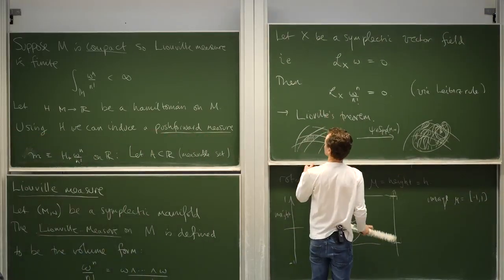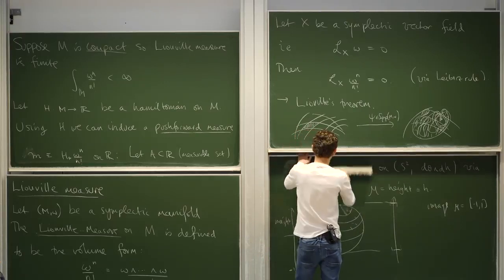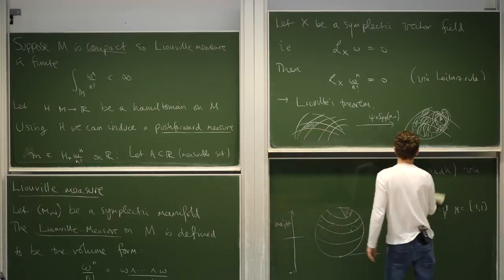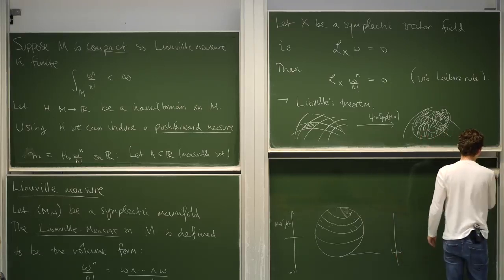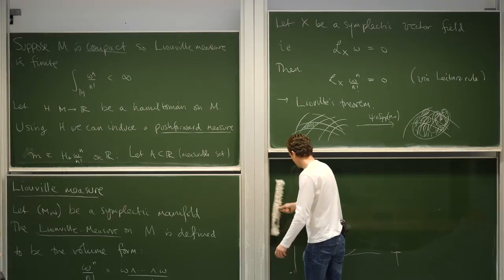So let A be a measurable set in R. Then this push forward measure, what is it? Well, you've got to work out what's a canonical way to measure the area of A in R using the data we have at hand.